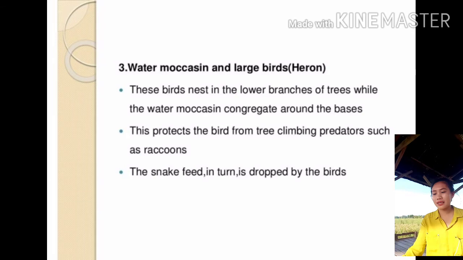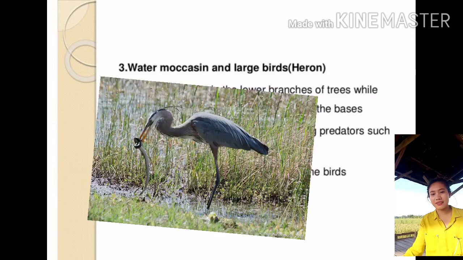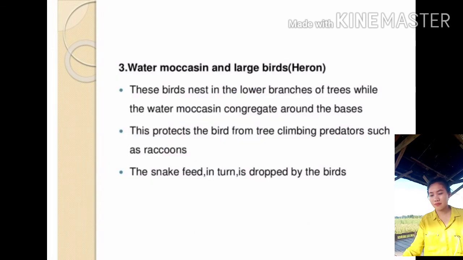Third, the water moccasin and large birds, like the heron. What is a water moccasin? This is scary because a water moccasin is a snake. And the large birds are like the heron. Have you seen a heron? It is like an eagle. These birds nest in the lower branches of trees while the water moccasins congregate around the bases.